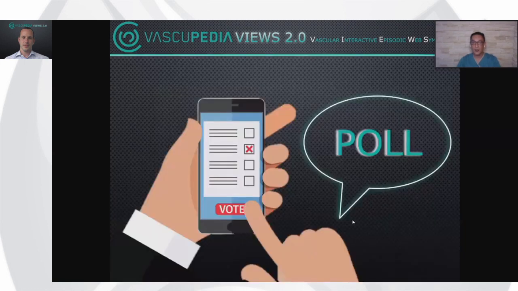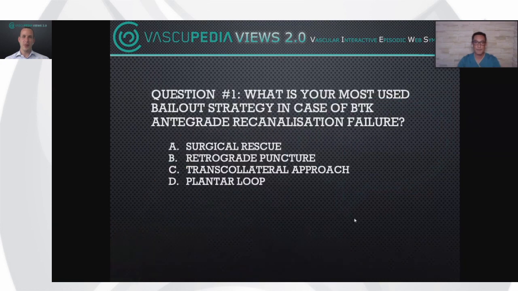So I'm going to hand over to you, Lorenzo, for the first poll. So the first poll, and I want you to remember to exit from the full view screen to be able to answer the question and to see on your screen. So the first question for August is, what is your most used bailout strategy in case of BTK antegrade recanalization failure?